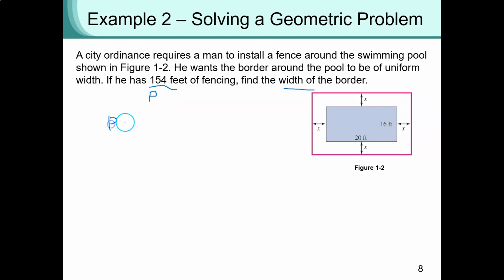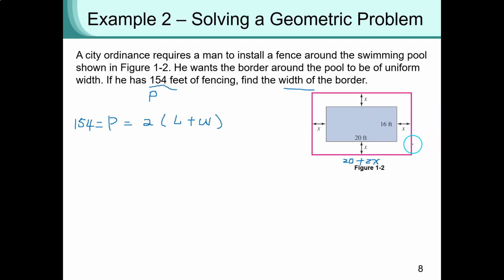So we know the perimeter is equal to 2 times length plus width. You have 2 sides of the length and 2 sides of the width. Sum them all, that will be equal to 154. If you look at the bigger, outside rectangle here, the total length would be 20 plus 2x, because here's 1x, here has another x.